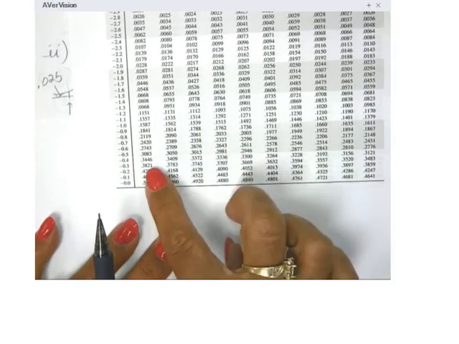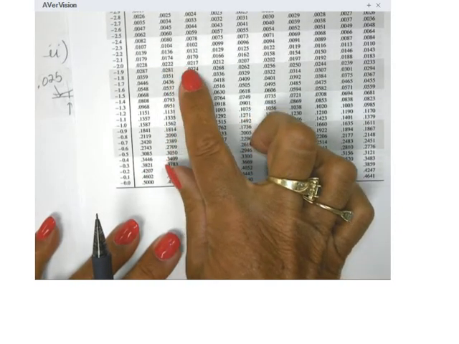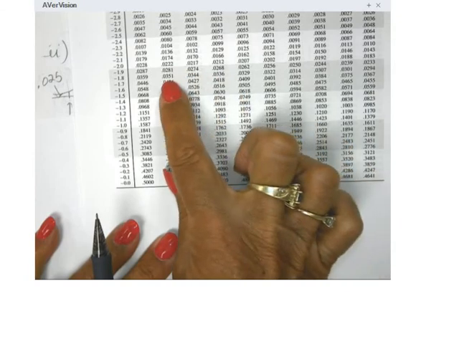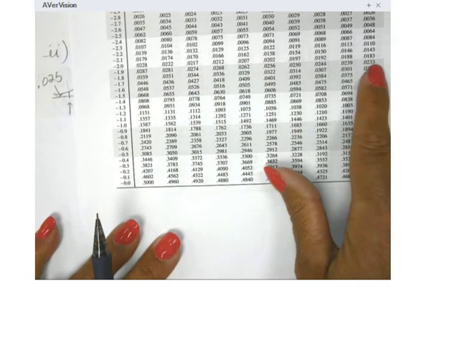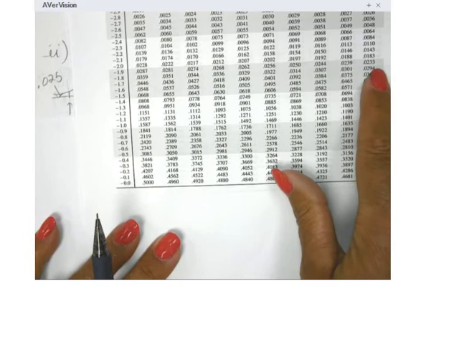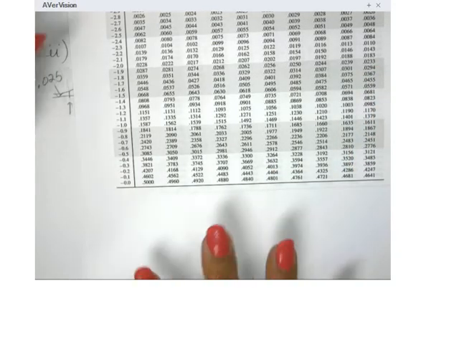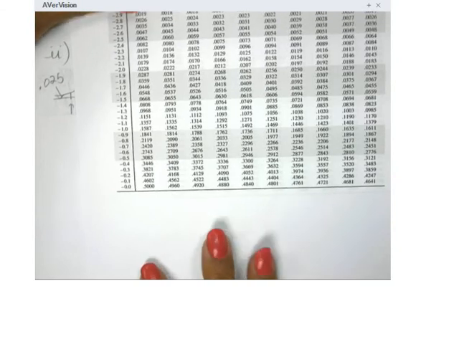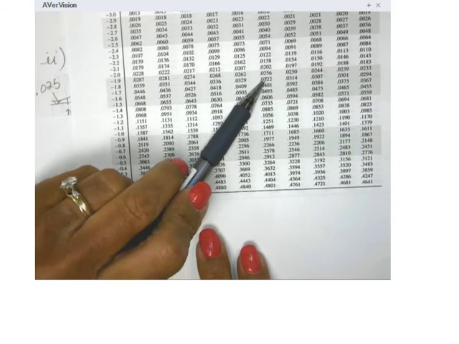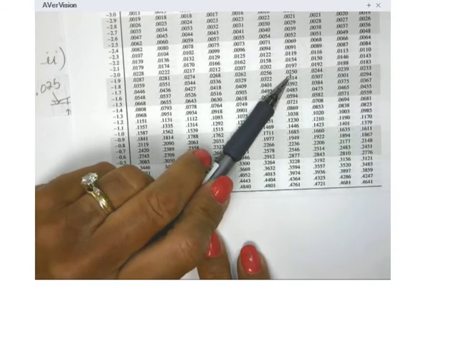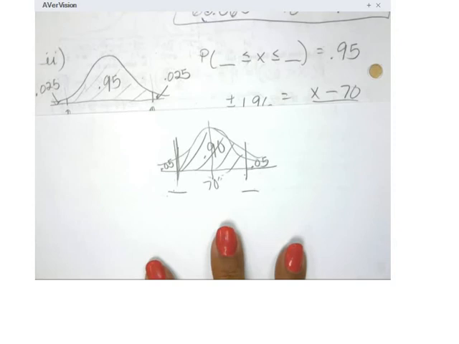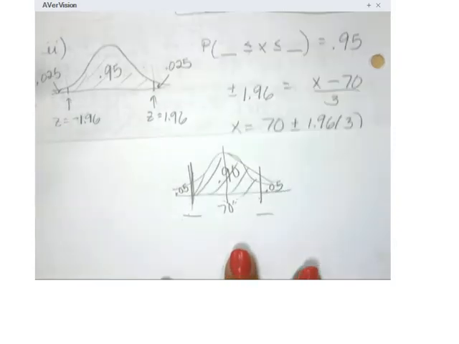If I look up an area of 0.025, and I find that it is closest to 0.0256. Oh boy, look at that. It's right dead on. Negative 1.96. There aren't many times we have that exact value in there.